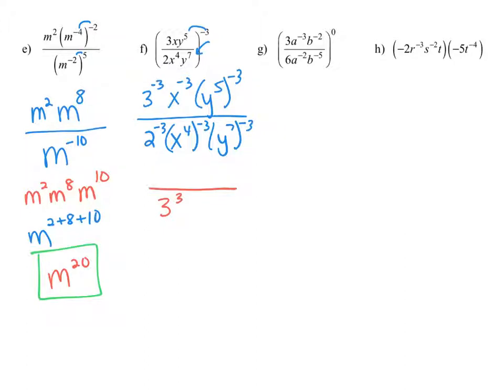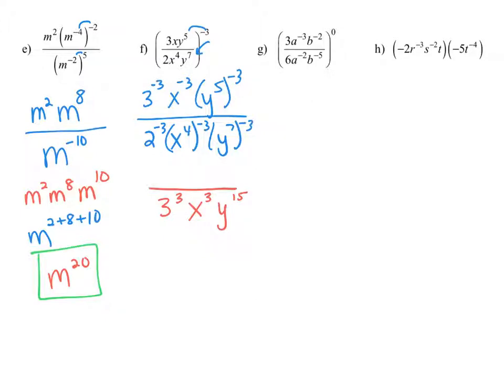The x to the negative 3, I can move that to the denominator to make it x to the positive 3 power. The y to the 5th to the negative 3rd power, that's the same thing as y to the negative 15 power, but we can write that as y to the 15th power in the denominator.